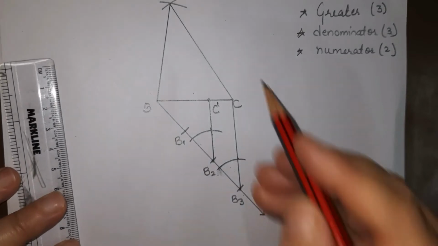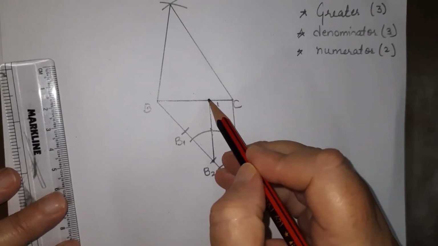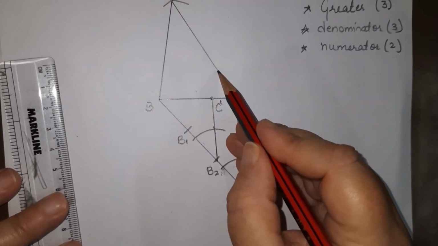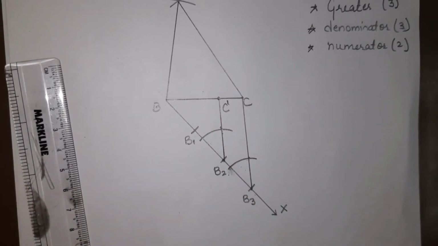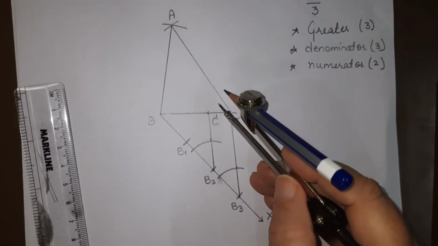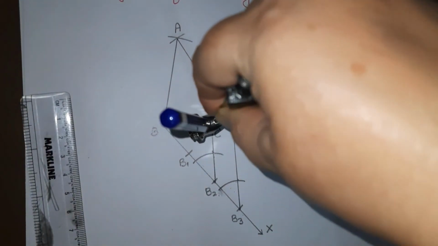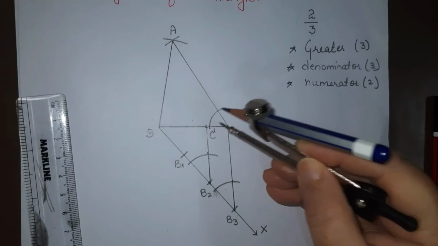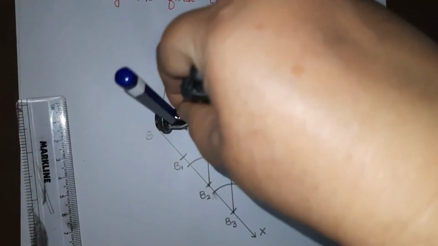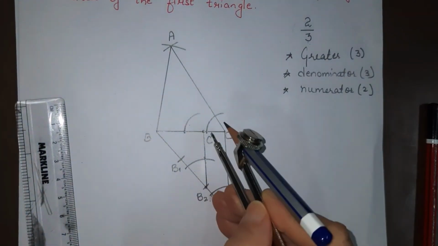Right? Now similarly, through C dash, we have to draw a line parallel to CA. So same technique, same way, we again draw the corresponding angles equal. So we will start from here like this. From this point, we are making equal angles.